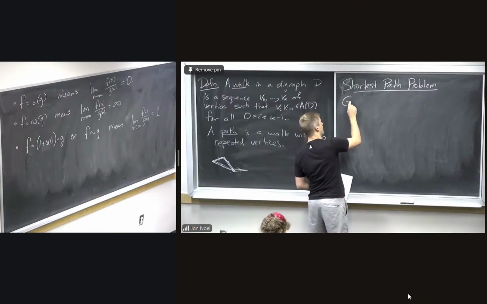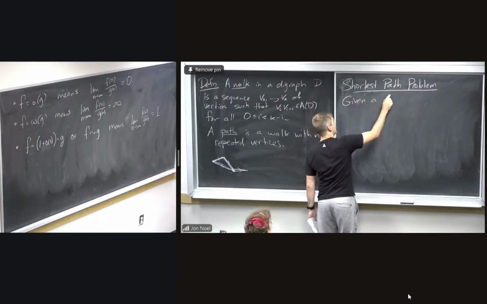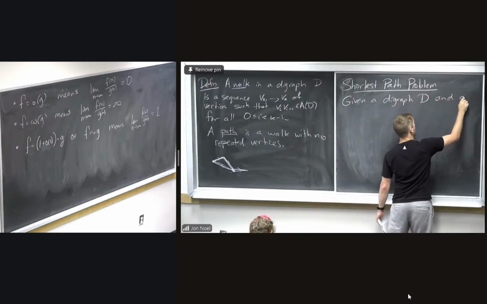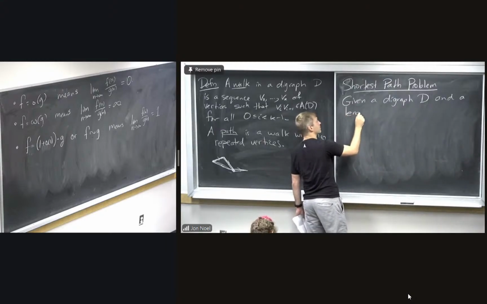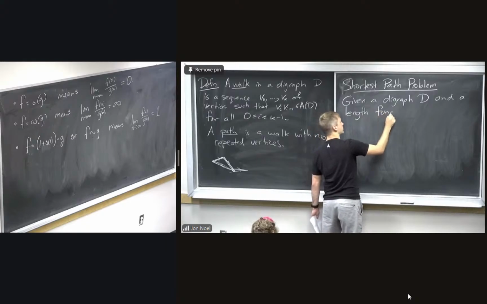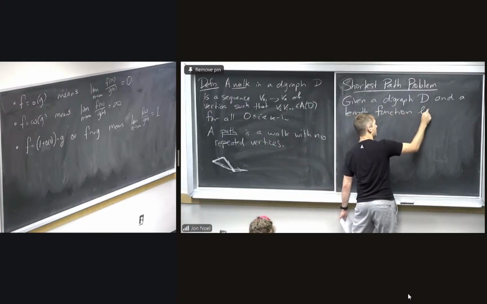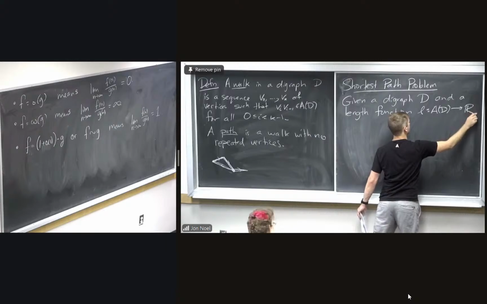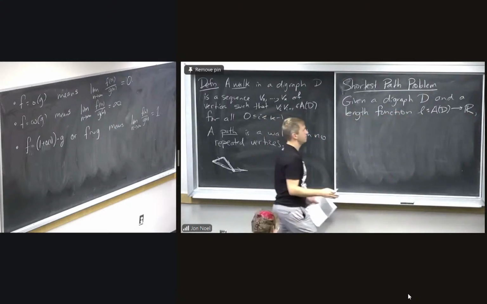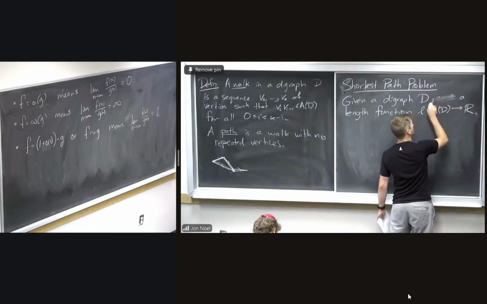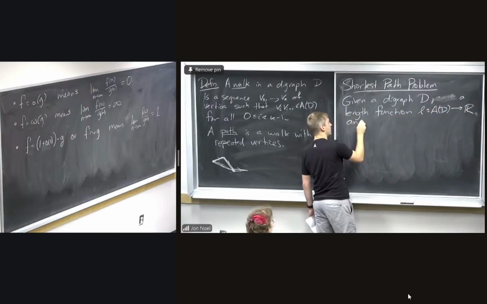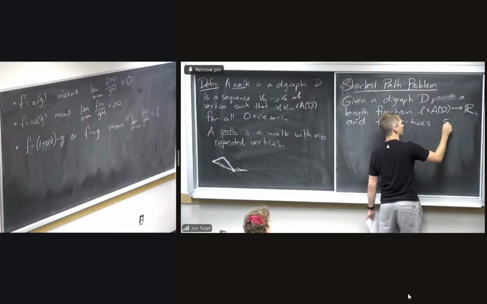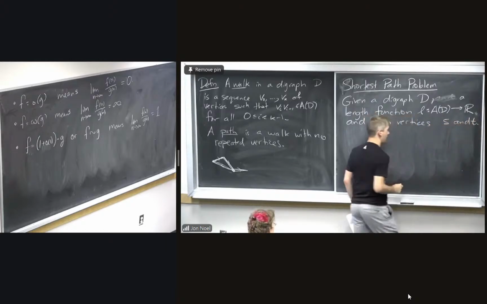You're given a digraph D and a length function L, which assigns each arc a real number. And you're given two vertices, S and T.